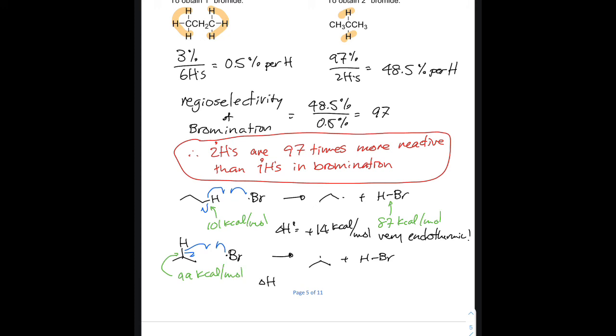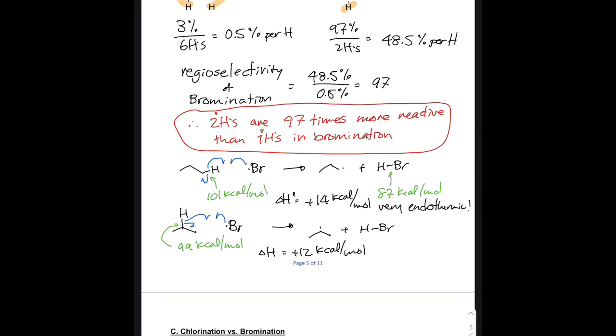Delta H here will be 99 minus 87, so that will be 12 kilocal per mole. So again, we come to the same conclusion, like 2 kilocal more stable.